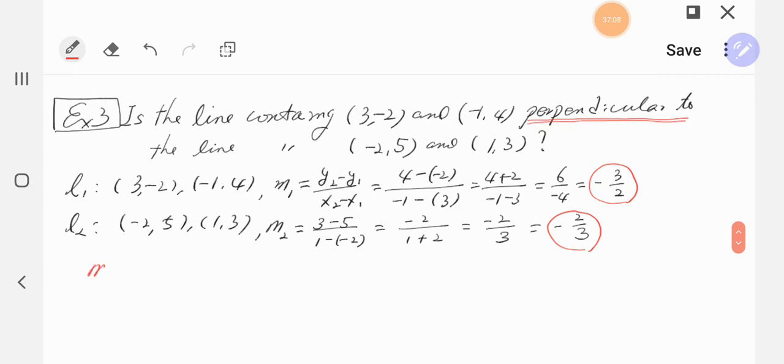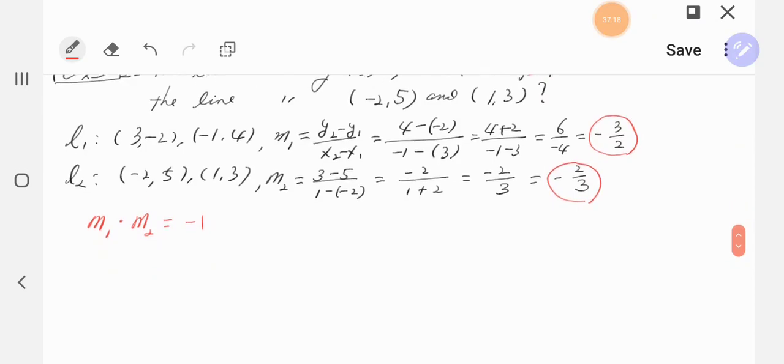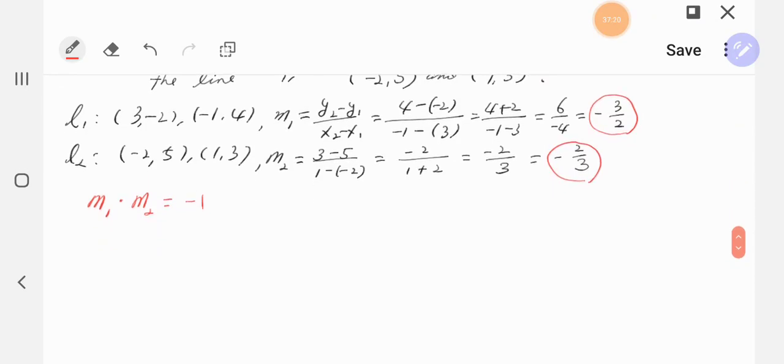Okay, look at this. If two lines are perpendicular, then the product must be equal to -1, right? So let's check this. M1 times M2 is -3 over 2 times -2 over 3, which is equal to 1, right?